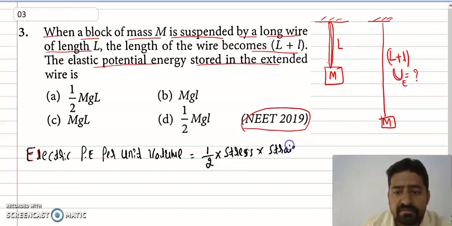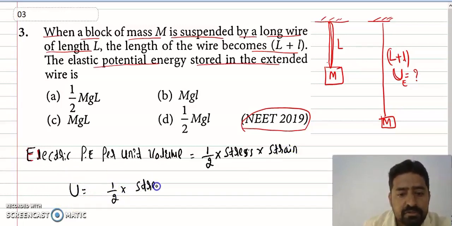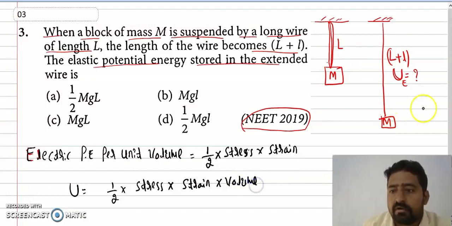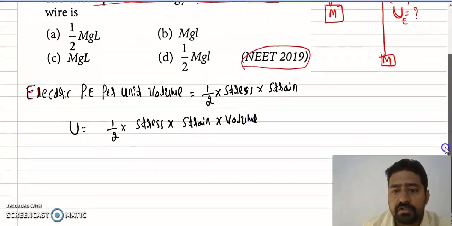Okay, so this is a formula. Or elastic potential energy is equal to half into stress into strain into volume. Okay, so this is a formula for elastic potential energy.